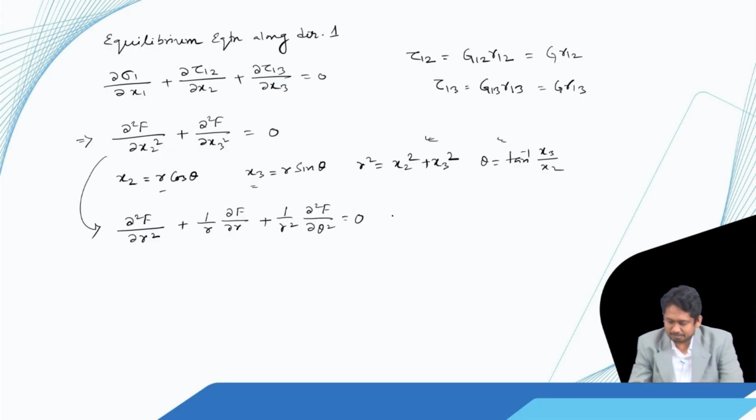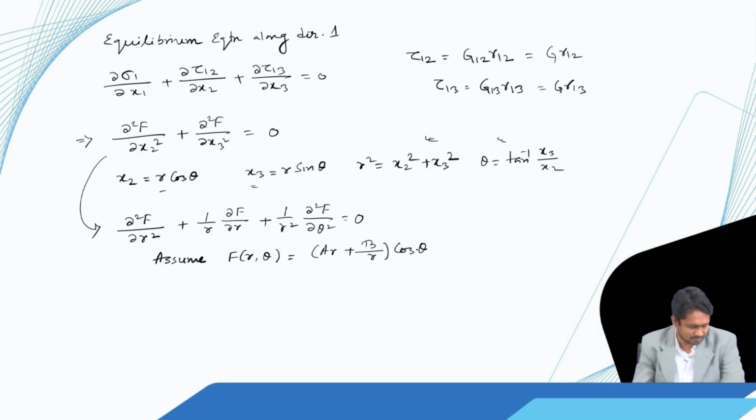Now, for this kind of problems we have seen that we can assume the solution f as a function of r and theta as a r plus b by r into cosine theta.